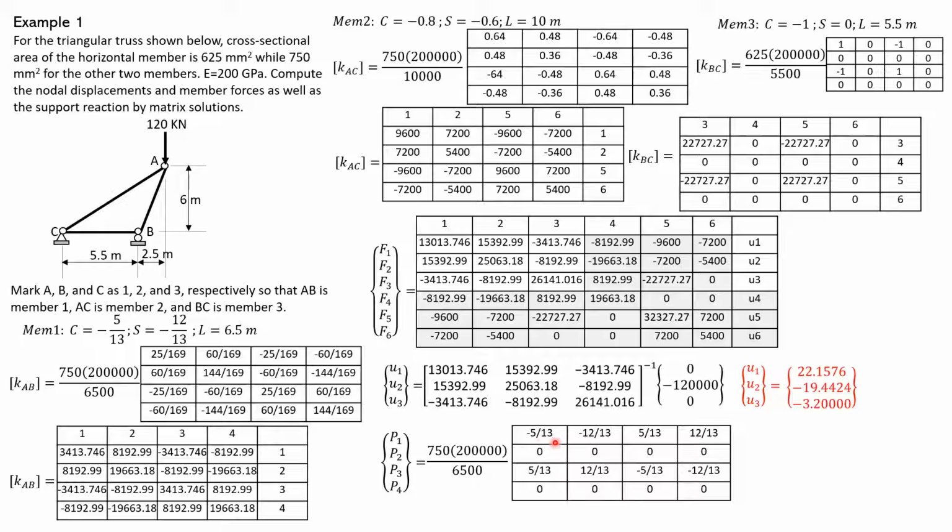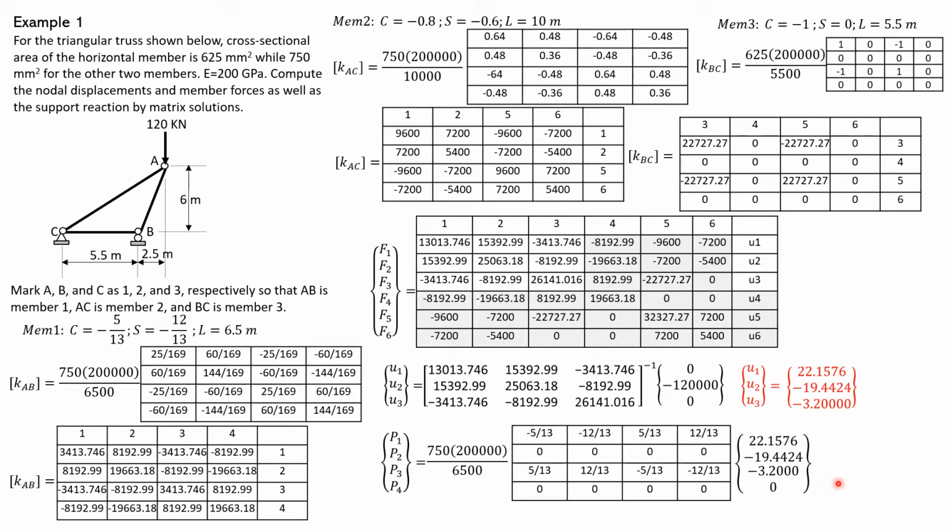Because C or cosine of member 1 is negative 5 over 13. The sine is negative 12 over 13. Then these two remaining columns would be the negative of the first two. Then the next row would be all zeros. Then next is the negative of the upper first row. Then 0. Multiplied by the displacements u1, u2, u3, u4, where u4 is 0.